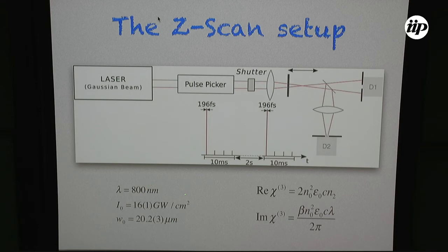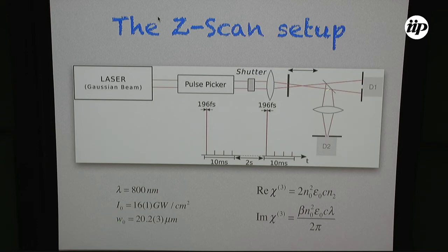So, some numbers here: the wavelength of the laser, 800 nanometers. The intensity of the maximum of this peak is 16 gigawatts per centimeter squared. So it's a high intensity beam, necessary to give us information about the electronic properties.